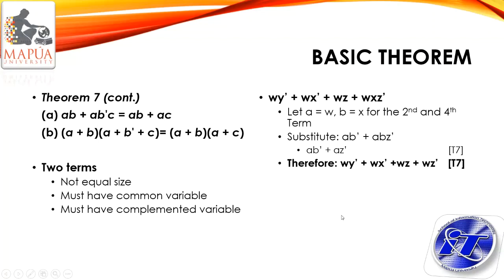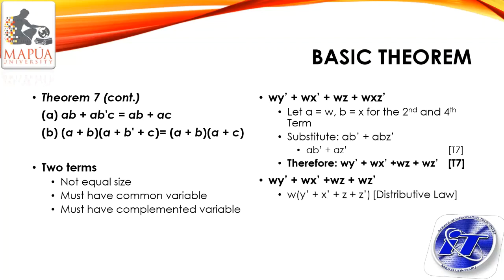And then can we simplify it further? Probably yes. Factor out W using distributive law. And by inspecting the second term, can we simplify it further? Yes, because we have Z plus Z naught. We all know that anything OR to its negation is equivalent to 1, again based on P6.